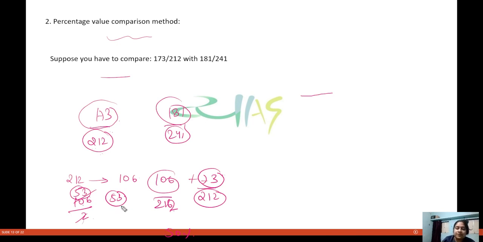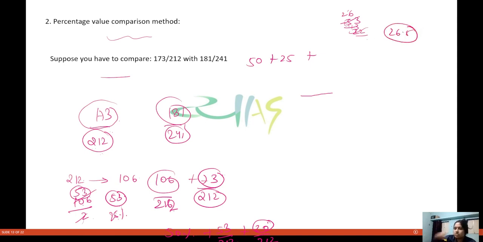This will be 13.25, so we can write 13.25 plus 7.75. So this 13.25 is actually 6.25. So this is 50 plus 25, that is 75, plus 6.25, that is 81.25.